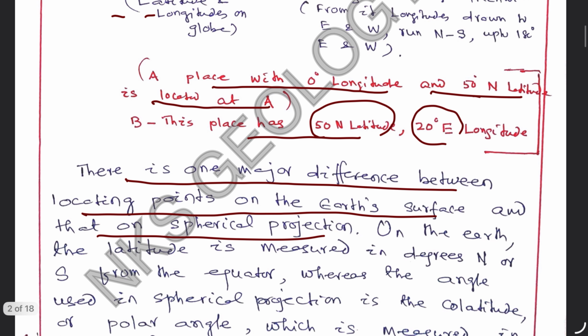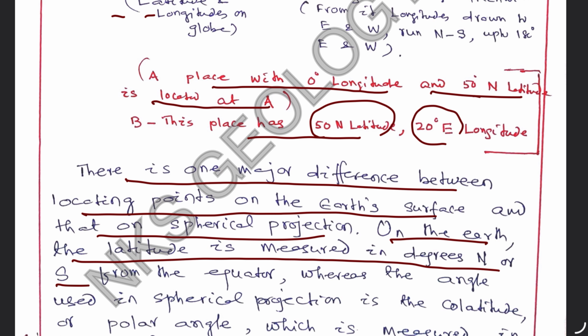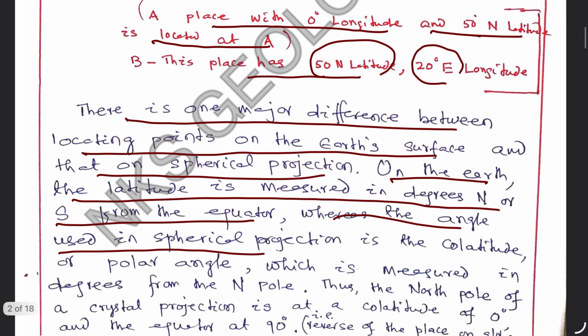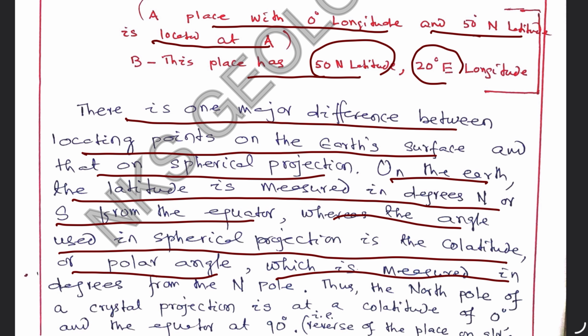What is that? On the earth, the latitude is measured in degrees north and south from the equator, whereas the angle used in spherical projection is the co-latitude, or the polar angle. It is measured in degrees from the north pole.